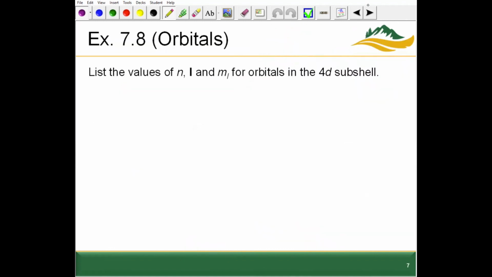Let's try this example problem 7.8. List the values of n, l, and m sub l for the 4 orbitals in the 4d subshell. Subshell describes the n and the l value. So here n is 4, right, because of that 4 here. Here d means we have what value for L again?